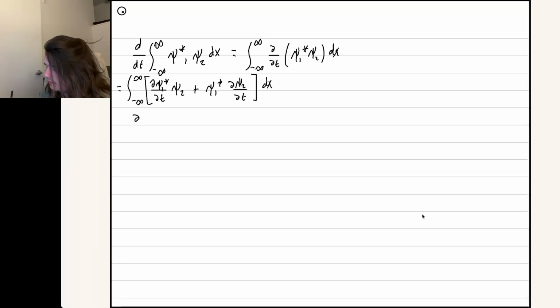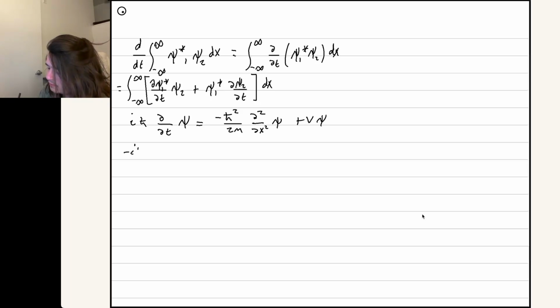At this point, it's useful to write the Schrodinger equation, which is valid for wave functions like these. That is i h bar del t of psi is equal to minus h bar squared over 2m del squared del x squared psi plus v psi. That's the time-dependent Schrodinger equation.